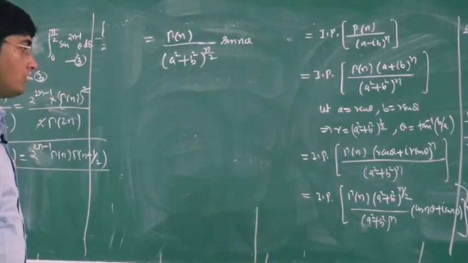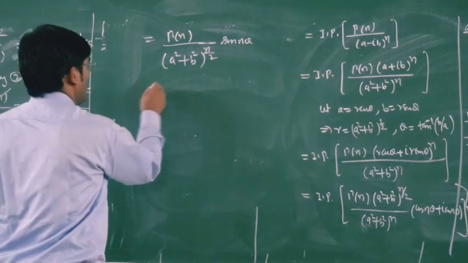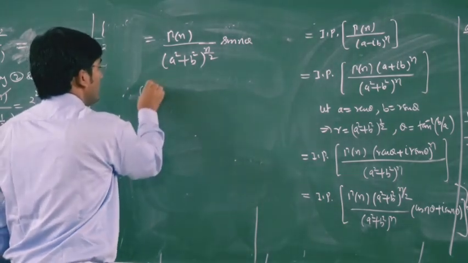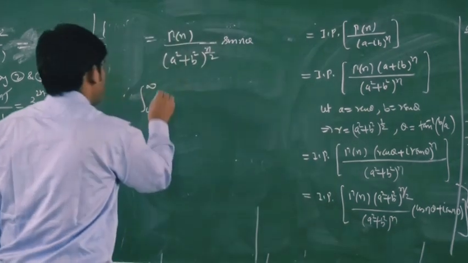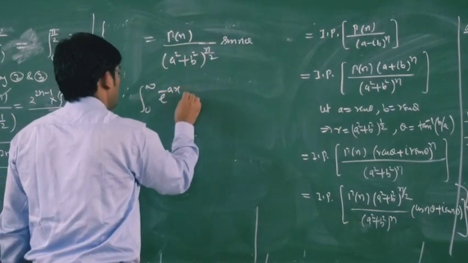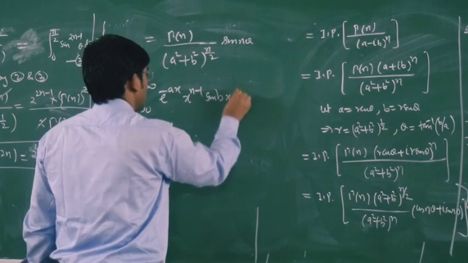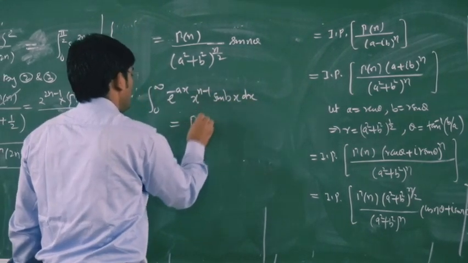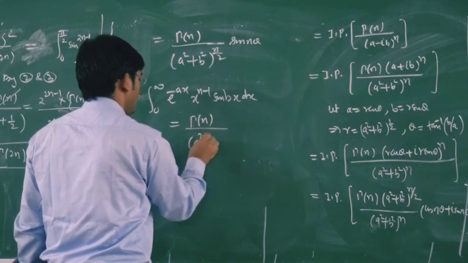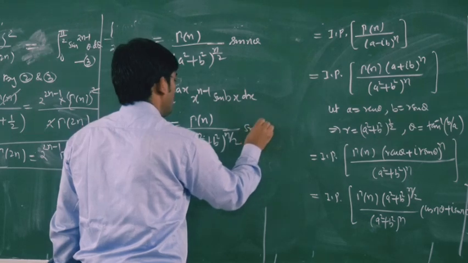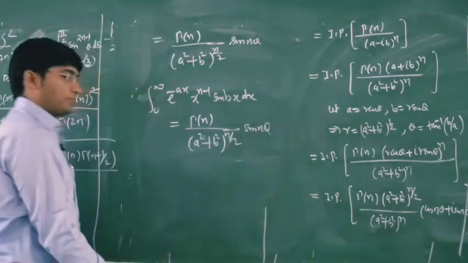Therefore this integral from 0 to infinity of e^(-ax) x^(n-1) sin bx dx is equal to Γ(n) upon (a² + b²)^(n/2) into sin nθ, where θ is tan⁻¹(b/a).